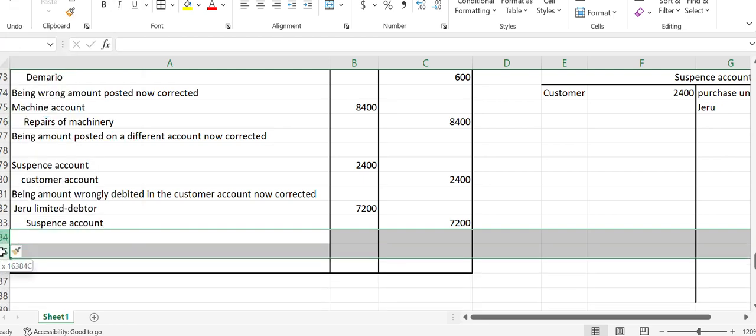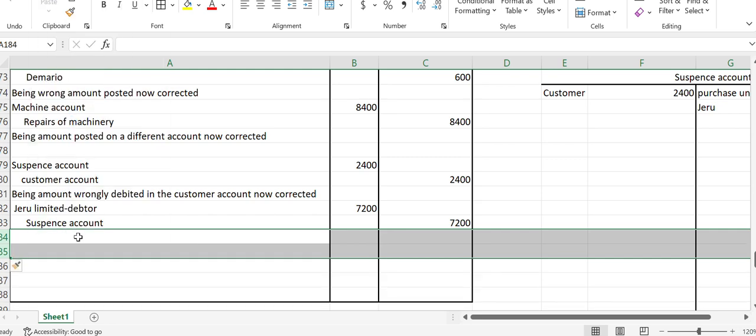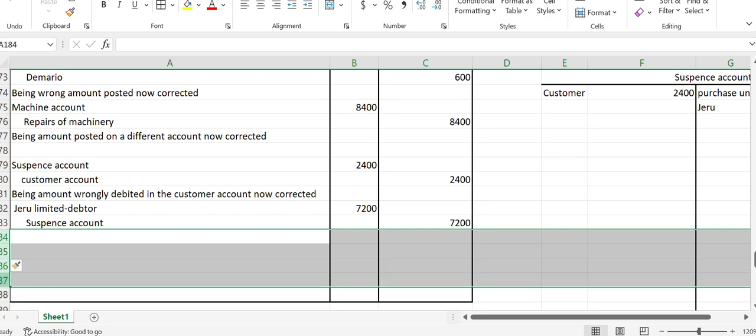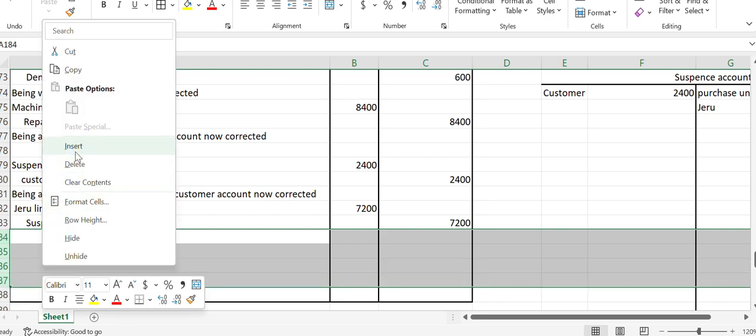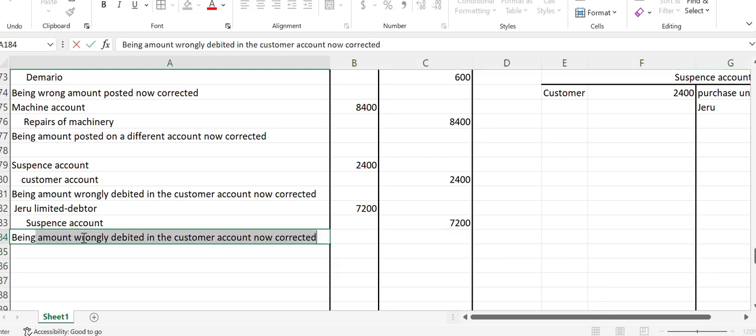Allow me to add some rows here. I'm going to say bin. Bin amount. You have to understand the transaction.